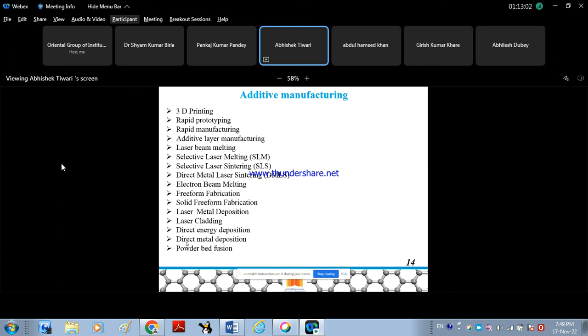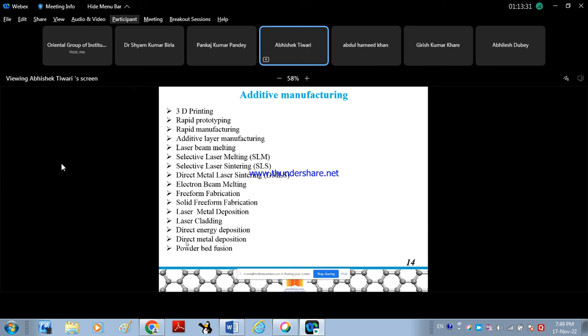Then the name came rapid manufacturing, then additive layer manufacturing, then laser beam melting. When the power source for melting is a laser beam, it is called laser beam melting. And selective laser melting (SLM) process, which is generally in powder bed fusion.